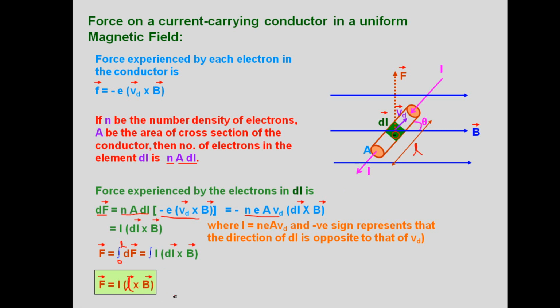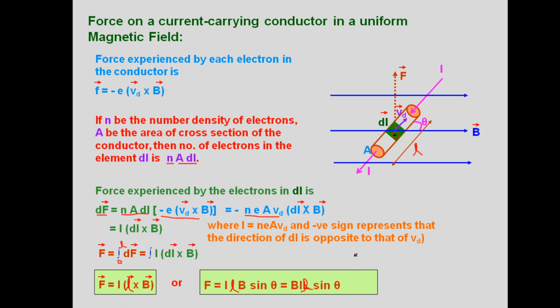So we have used the symbol L, or in general it is ILB sine theta after opening this, or BIL sine theta. So this is L, or we can write it like this also. So in this way we can use the expression easily.